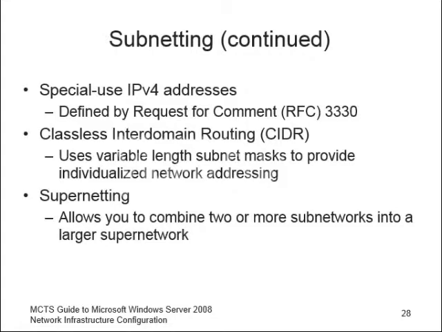CIDR notation describes a network by specifying the base address and the number of bits used for the network portion. Also, CIDR notation can be viewed as representing a bit mask dividing the routing network information and a block of local addresses.